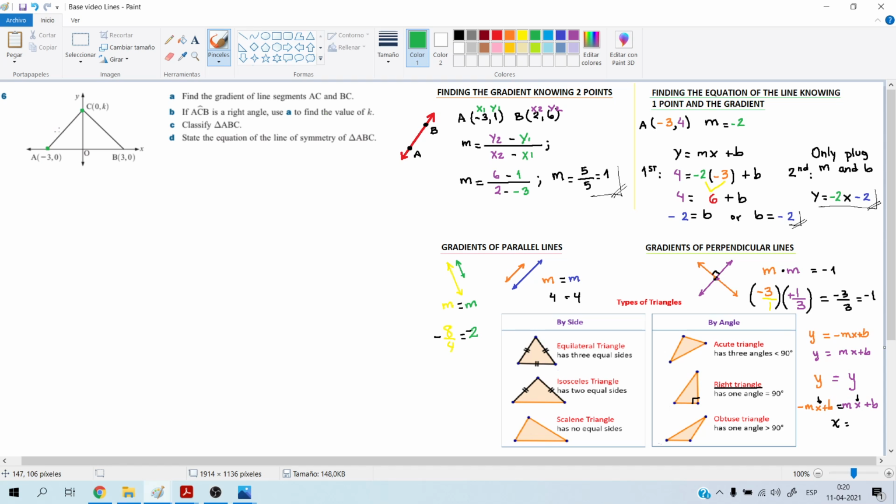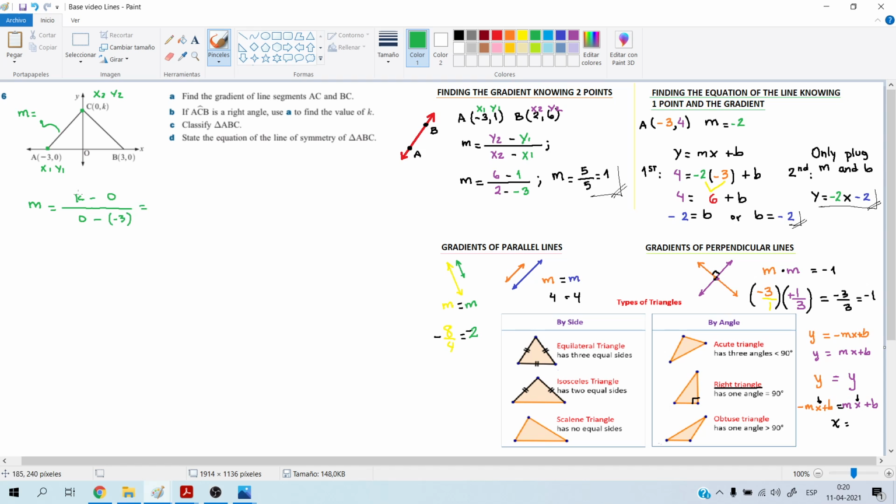Let's say this is for the green gradient. So the green gradient, how do we find it? Let's say that this is x1, y1, and this is x2, y2. So y2 is k minus y1, 0, over x2, which is 0, minus x1, minus 3.